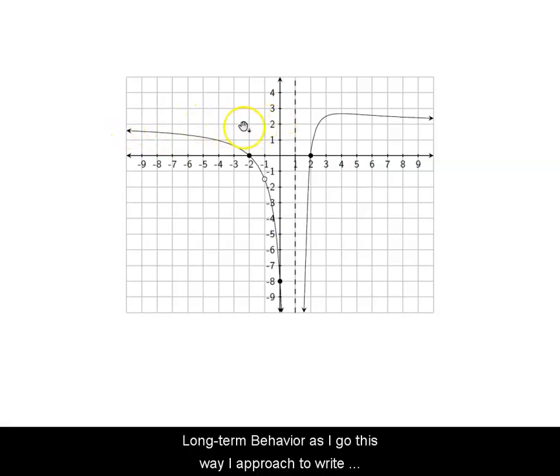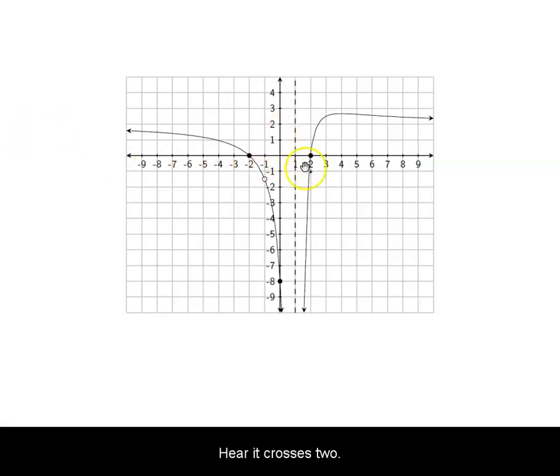Long-term behavior, as I go this way, I approach 2, right? So it comes up, and it approaches a value of positive 2 as I plug in larger and larger negative values. Here it crosses 2, but it starts to settle towards 2 as I plug in very large values in the positive direction as well. Okay.